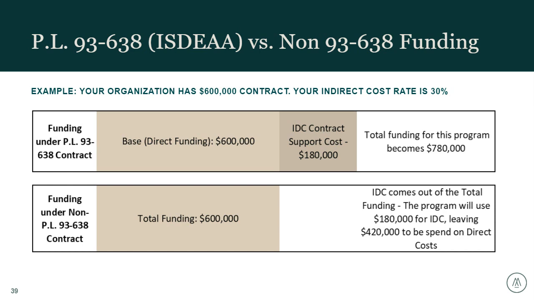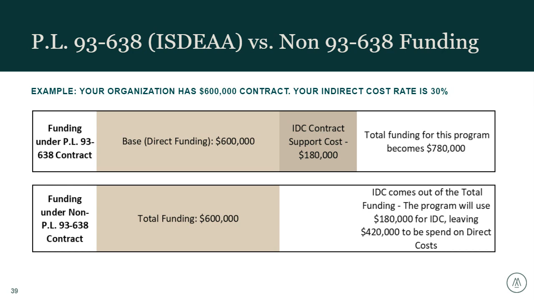However, if your organization gets a $600,000 contract which is a 93-638 contract, indirect cost is actually added to the program's base funding of $600,000. So if your organization has negotiated an indirect cost of 30%, the program will end up with an extra $180,000 for a total of $780,000.